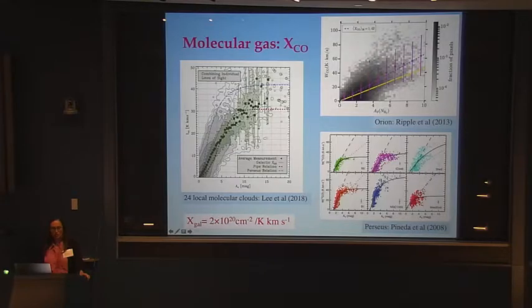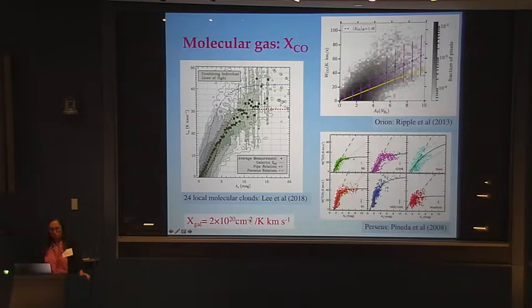Again, you can see this is not a clean relationship. So you don't just take CO and get the H2 out. It's the best there is, but it's not a clean one-to-one relationship. But again, you can see there's an average relationship between the total CO emission and AV. And this is the typical galactic value for all of these.